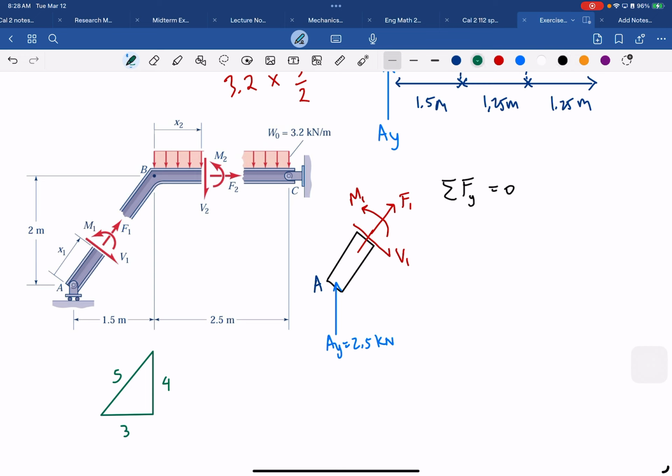So suppose that we have this 3, 4, 5, and I want to have the AY here and AY there.